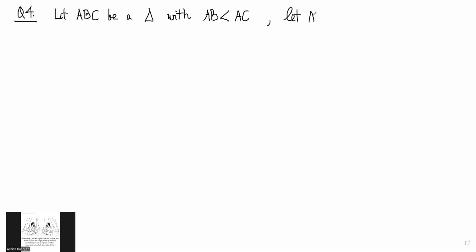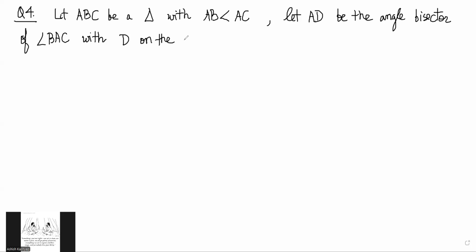Try this question. Let ABC be a triangle with AB less than AC. Let AD be the angle bisector of angle BAC with D on the side BC.